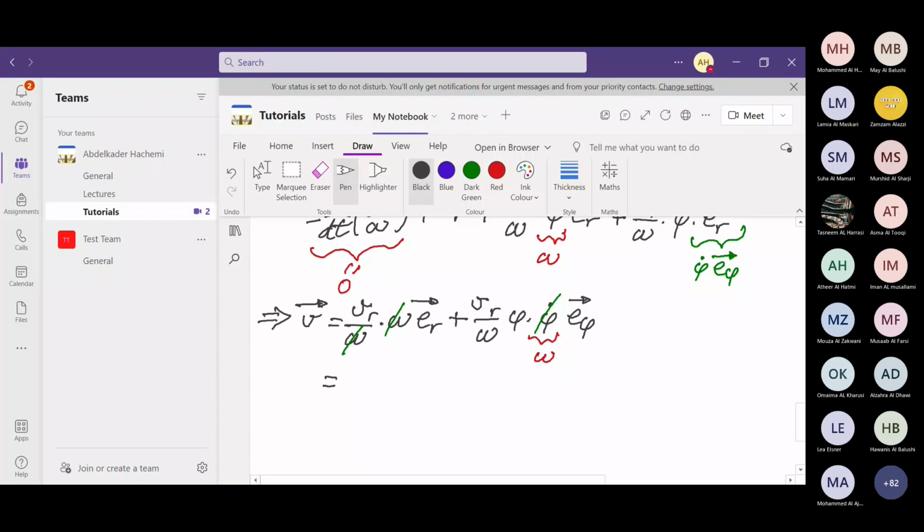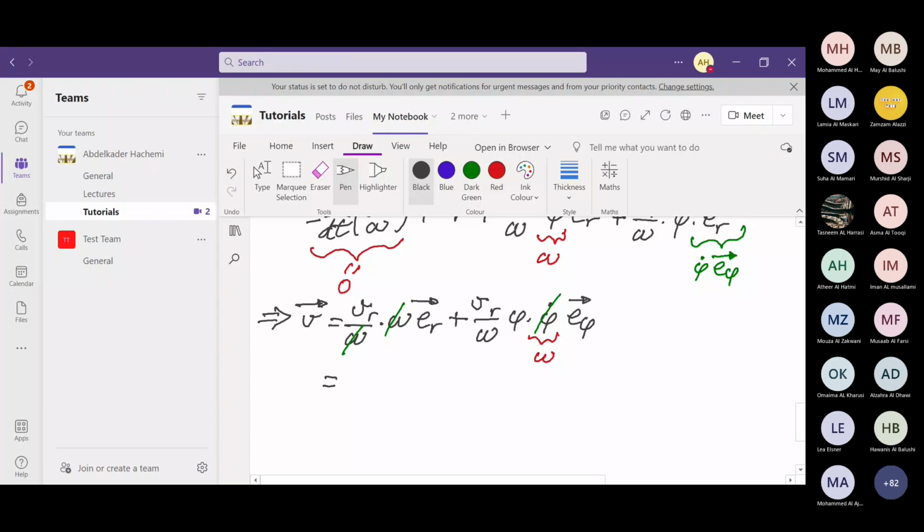Now we can write it in vectorial representation. Then we have two components here. V has two components, one in radial direction and the second one in circumferential direction.